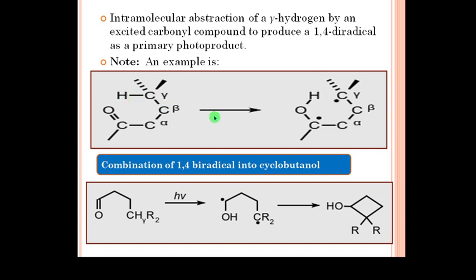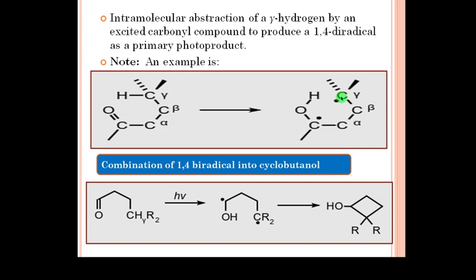So upon photolysis, what will happen? A biradical is formed. That means this carbonyl compound is excited from the ground state, leading to the formation of radicals. So within a compound, a diradical is present.